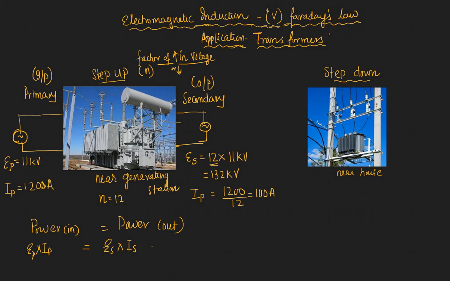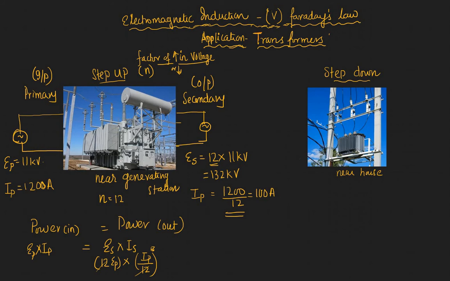So if your ES increases 12 times, then your secondary current will be reduced by 12 times, so that both sides can be the same. That's the reason why the current goes down by a factor of 12 when your voltage goes up by a factor of 12.